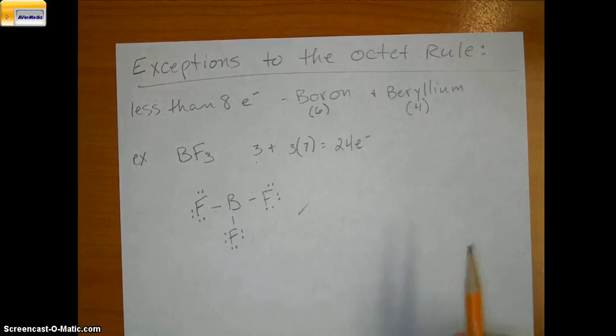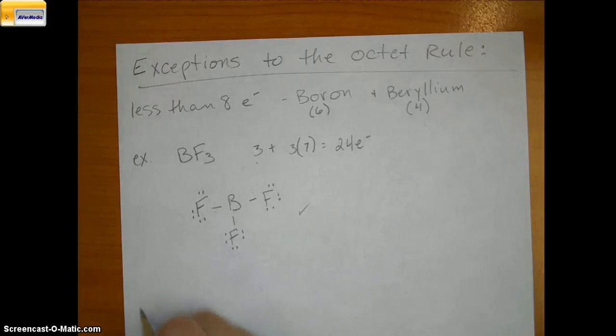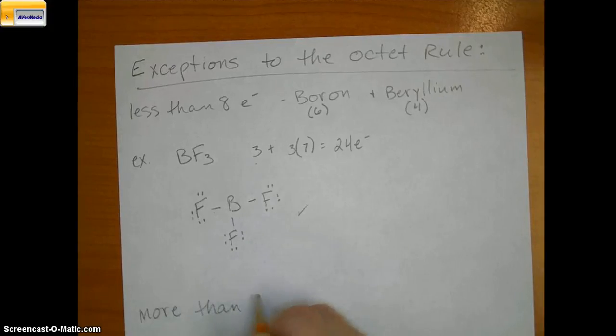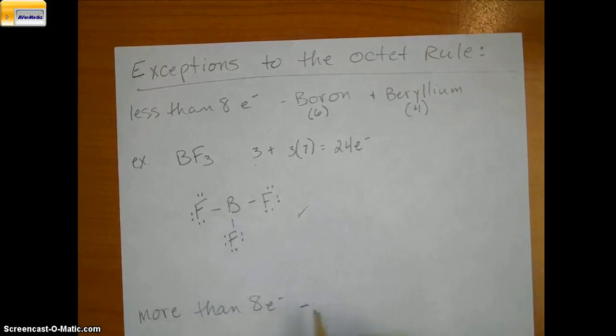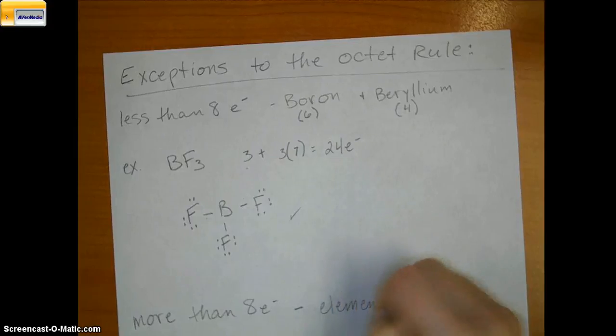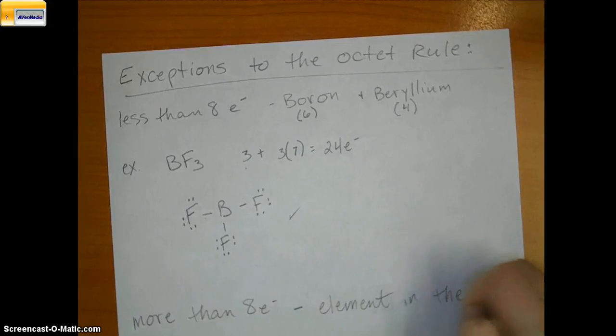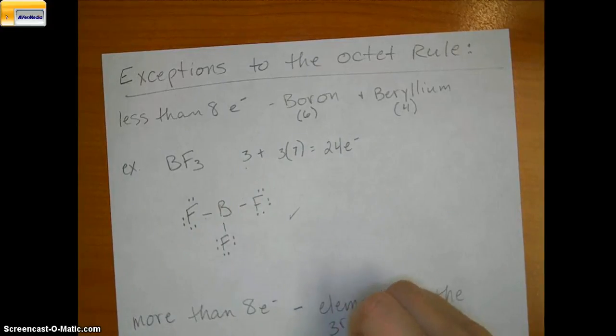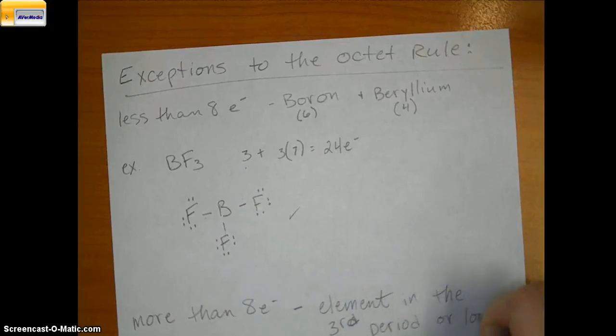Now, the other group of exceptions are elements that can have more than 8 if they need to. And these are going to be any element in the 3rd period or lower.